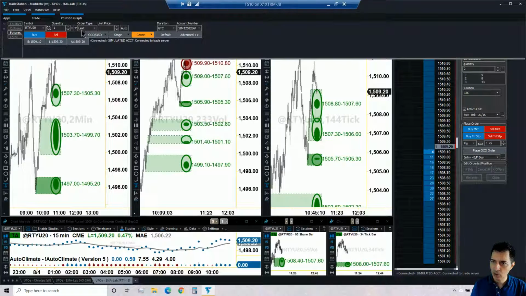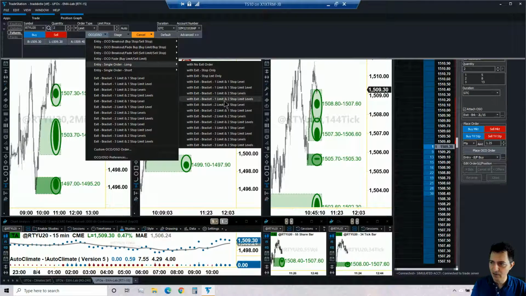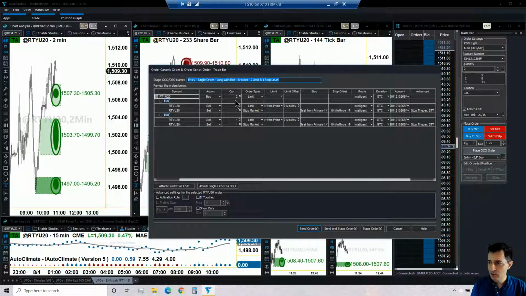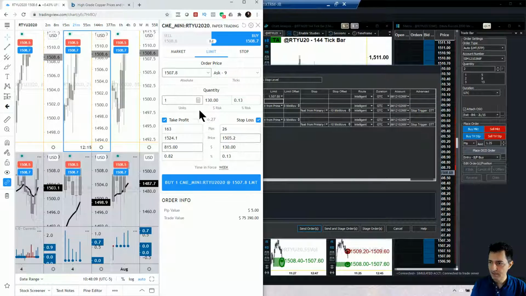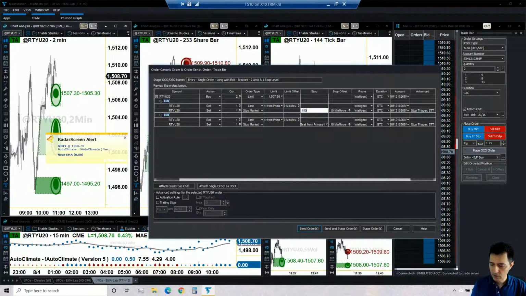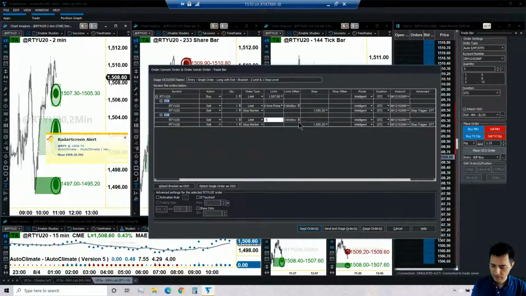Let's enter the order. I'm going to use 2 contracts. Of course, make sure you use the right size for your account, as well as deciding if you use real money or paper money. You saw each contract has a risk of $130. Entry is 1507.8, stop is 1505.2, and the final target we said was 1524.1.